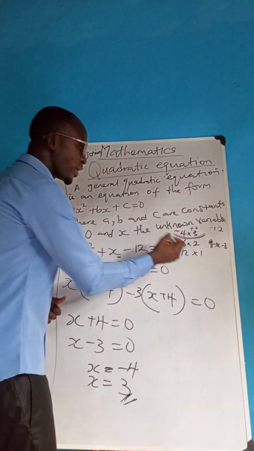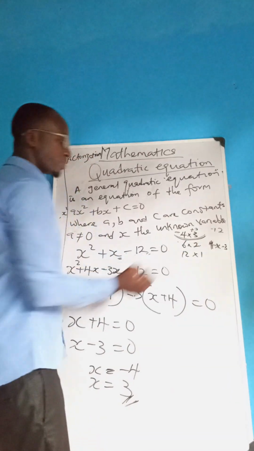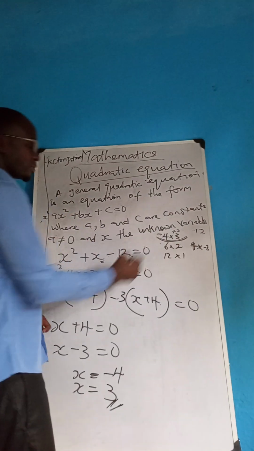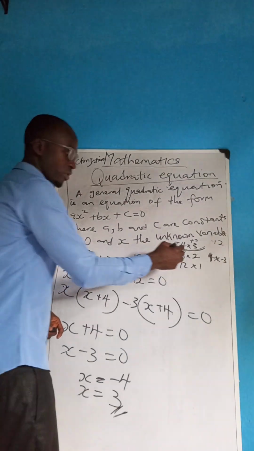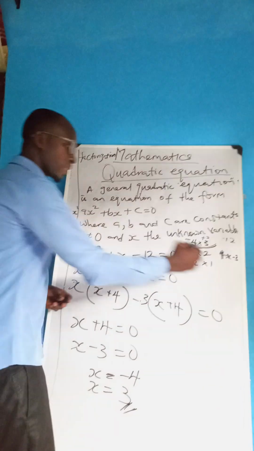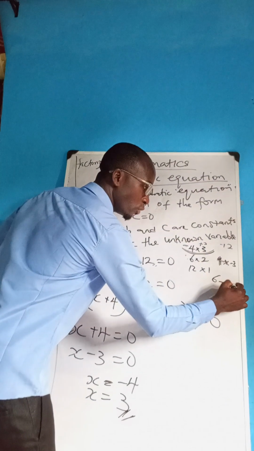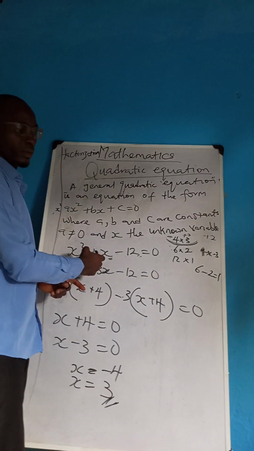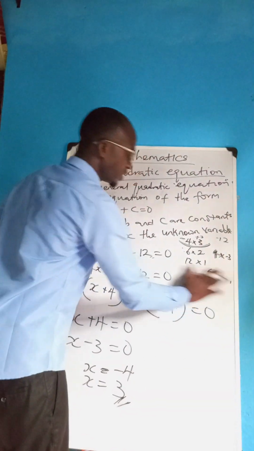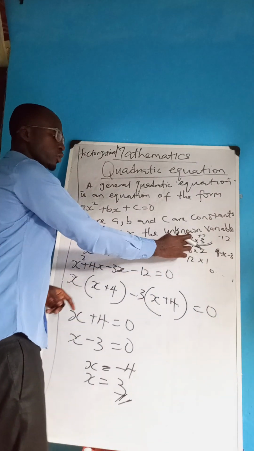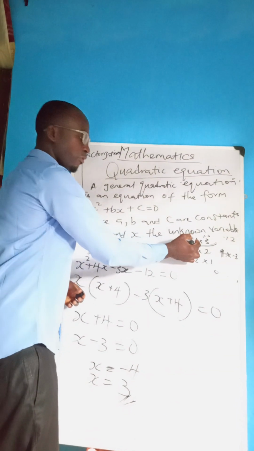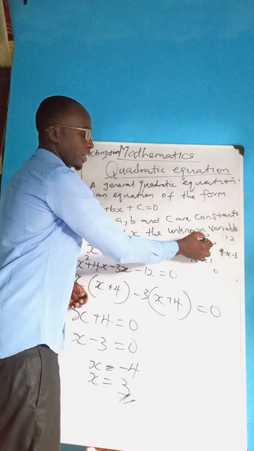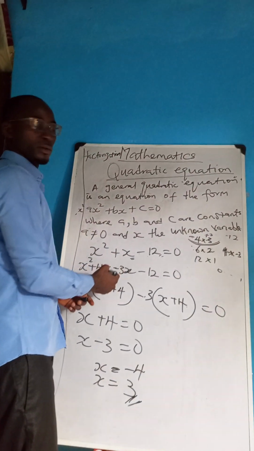Why we could not use 6 times 2 is because though it will give us 12, 6 minus 2 will not give us 1, which is what we are looking for. That is why we cannot use this. So we use 4 times 3 because 4 minus 3 will give us 1.